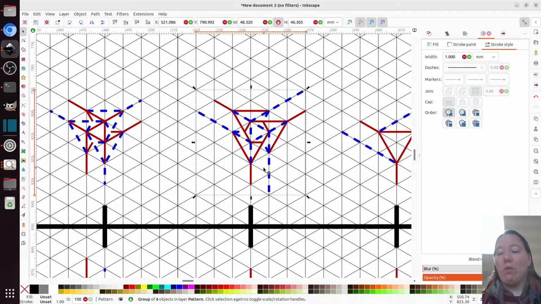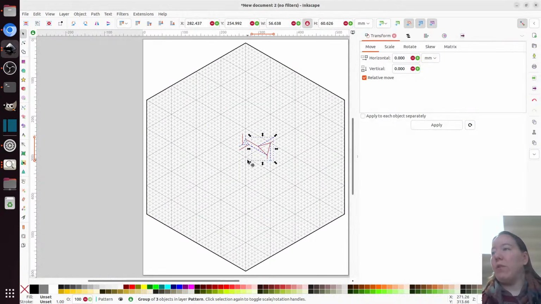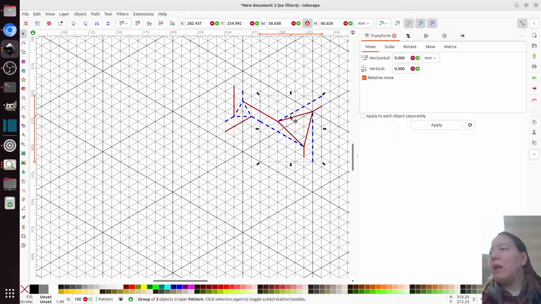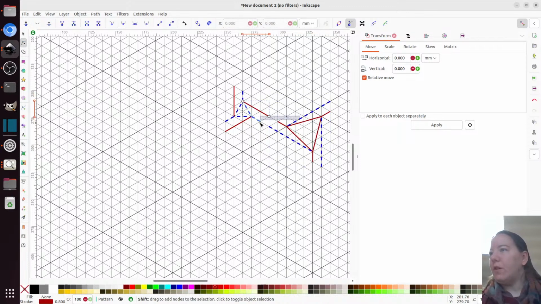So those would also fit in, excuse me, when we're picking two twists to alternate. And I'm going to stick these a little closer together just so we can get more repeats on the amount of grid that we have.